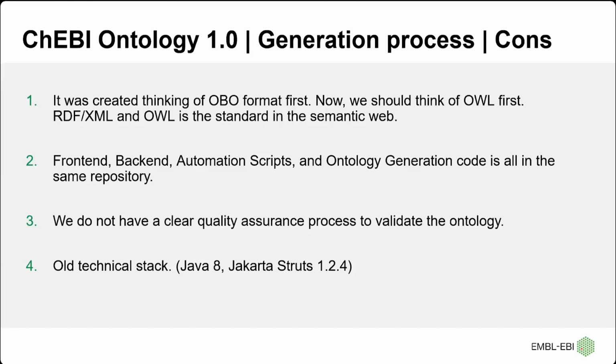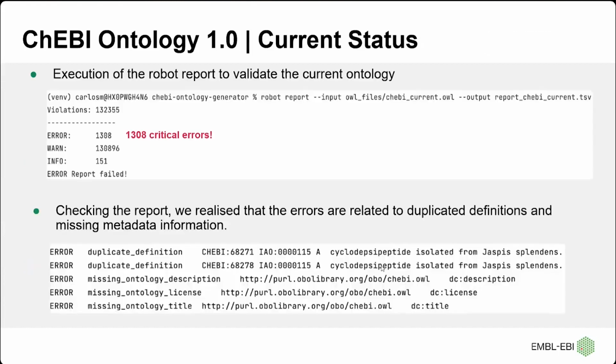Could you please go to the next one? Yeah, that one. Thank you. So before starting with the development of the new ontology generation process, I had to realize which is the current status of the ontology.